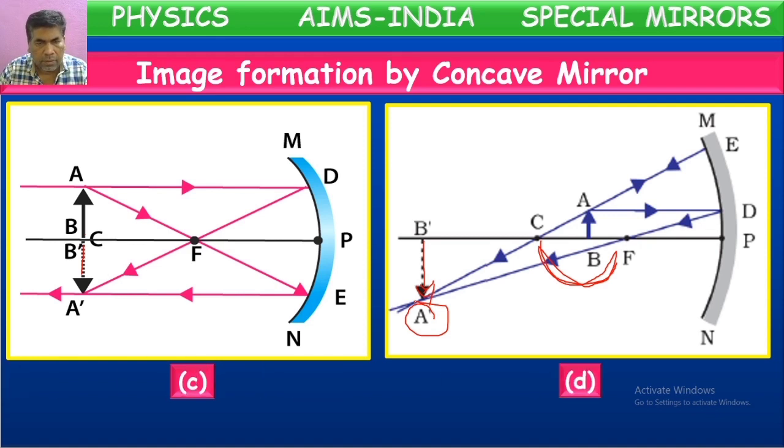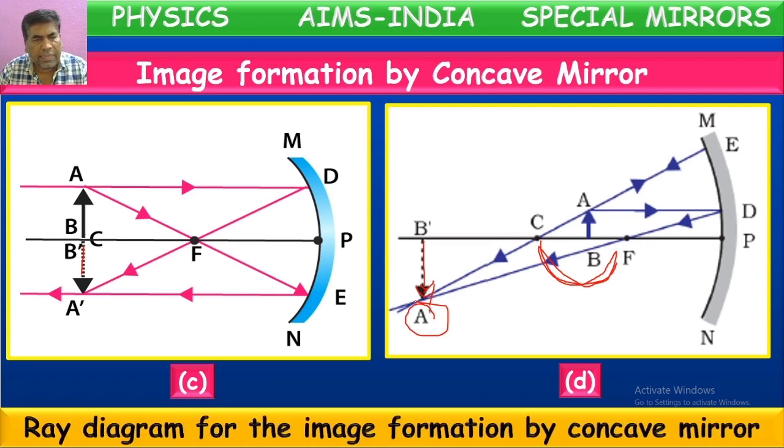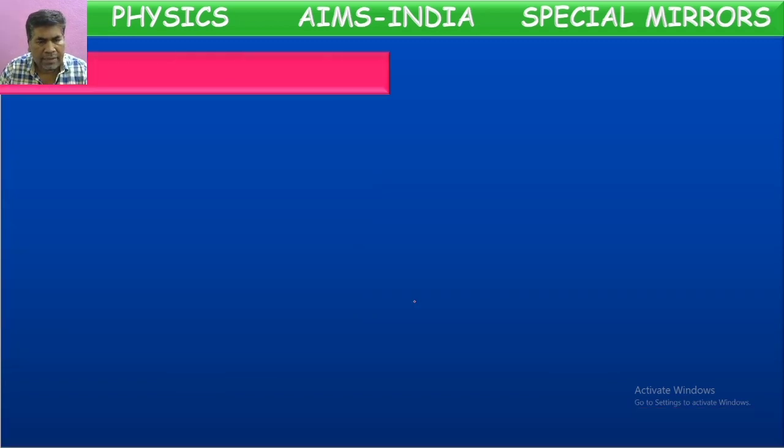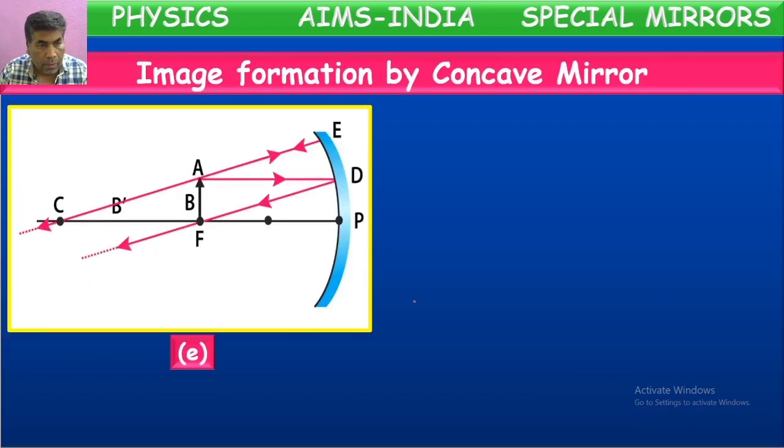This is all what we discussed yesterday, just revision. When the object is at focus, the image will be formed at infinity. These two rays never meet each other. We have to assume that the image is formed at infinity.